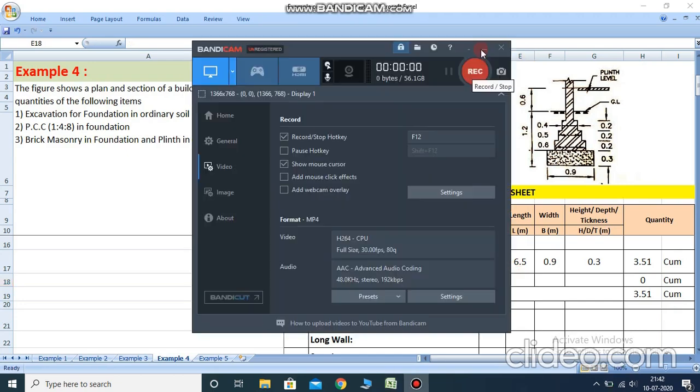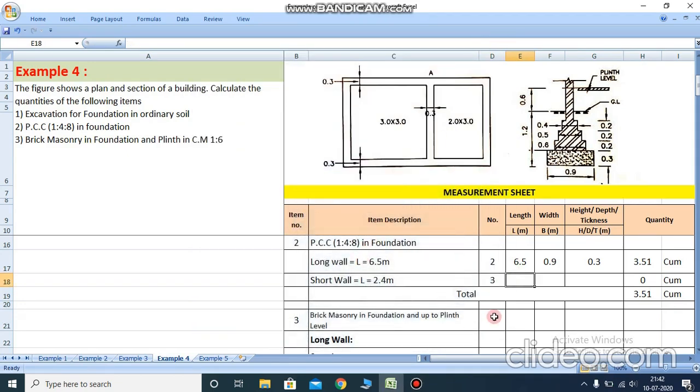Now the short wall: the total number of walls is 1, 2 and 3. So write here 3. The length we already calculated is 2.4 meter, and the width we exactly found from the sectional part.